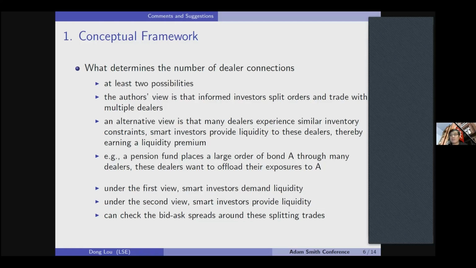So under the first view, what we expect to see is the bid-ask spread should be fairly flat before those split trades, and then spike, right? Because that's where informed trading comes in. Under the second liquidity provision view, what we should see is bid-ask spreads actually widen before the smart guys come in, right? That's when the dealers are under pressure, and then the smart guys come in, provide liquidity, and then the bid-ask spread should actually narrow.